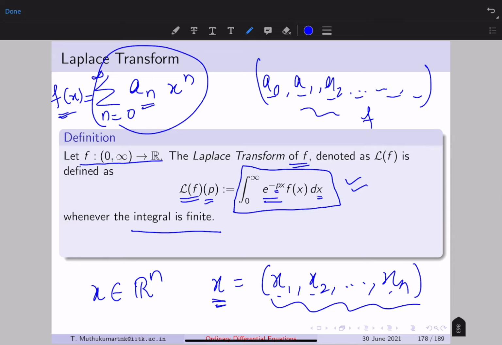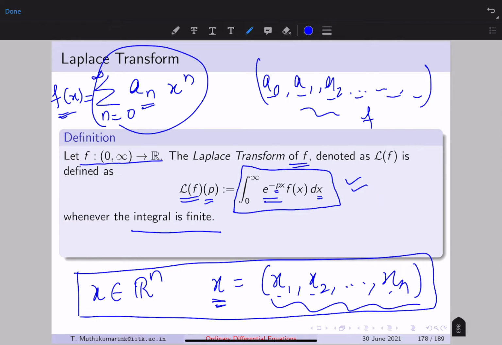So that is an association. In this respect, you can make a connection: if you have a power series, which is a function f, that f is uniquely associated with its coefficients. In other words, one can think of this as the coordinates of f, in the power series sense.